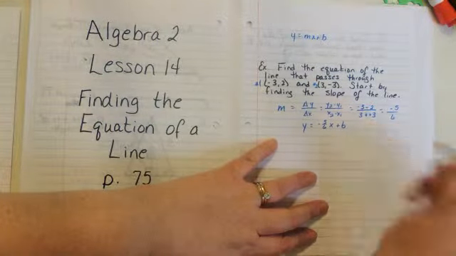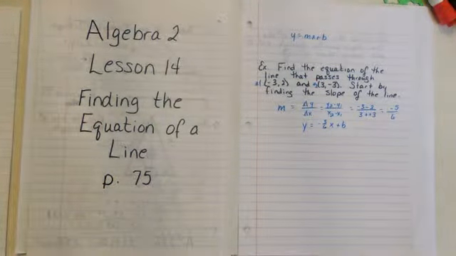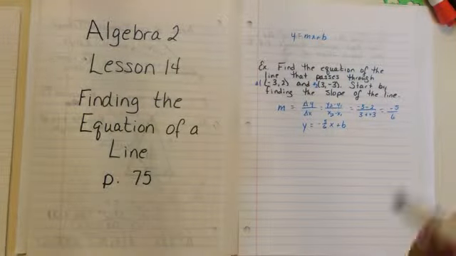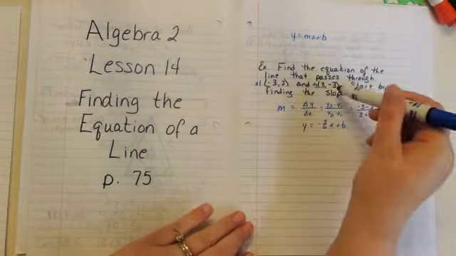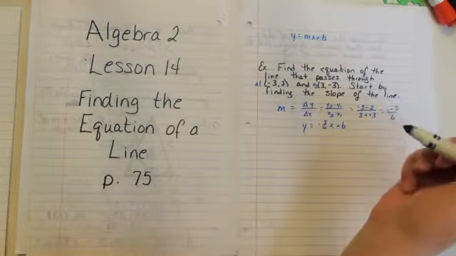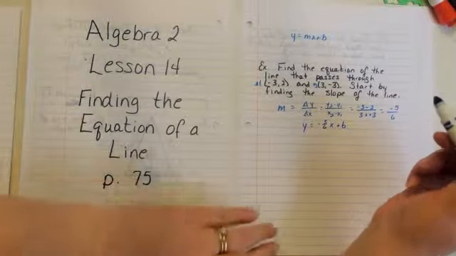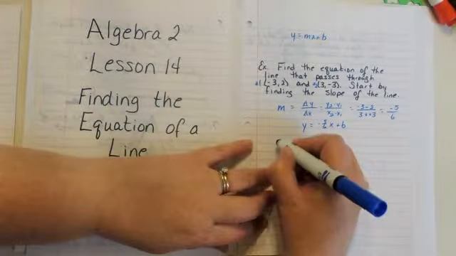x plus b. Now we need to solve for b, and we solve for b by using the coordinates of one of the points. It doesn't matter which one, they should actually give us the same answer. So to check, let's try both of them and make sure that they give us the same answer.